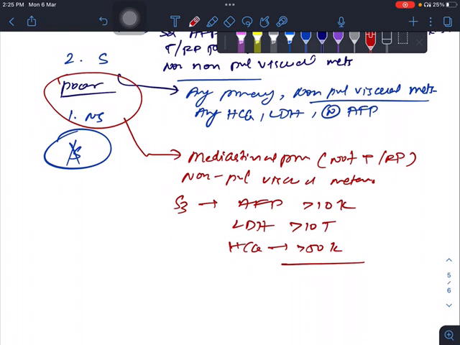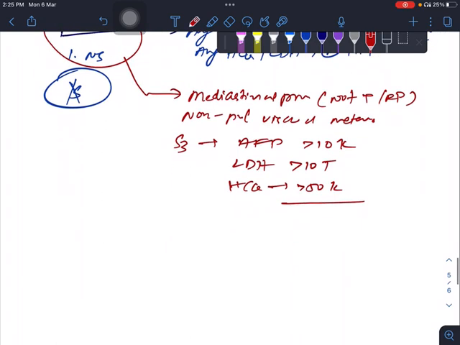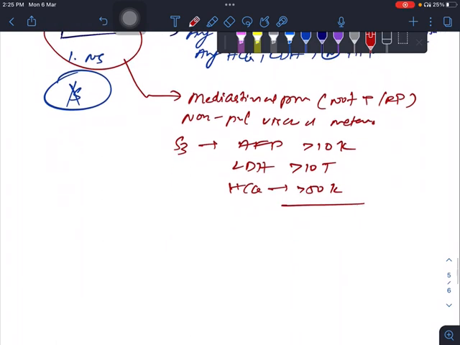According to these stagings and classifications only, all the things of the treatment vary. Most often the treatment will be orchidectomy, retroperitoneal lymphadenectomy, mostly chemotherapy and radiotherapy. So, various modalities of treatment are there in testicular tumors.